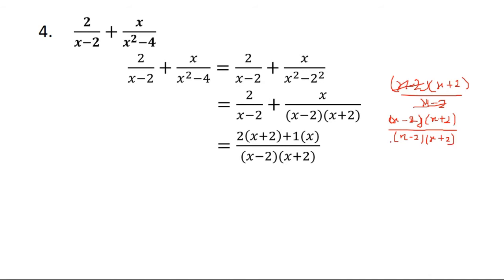You can see from here that x minus 2 will cancel x minus 2, x plus 2 will cancel x plus 2, so the result will be 1.